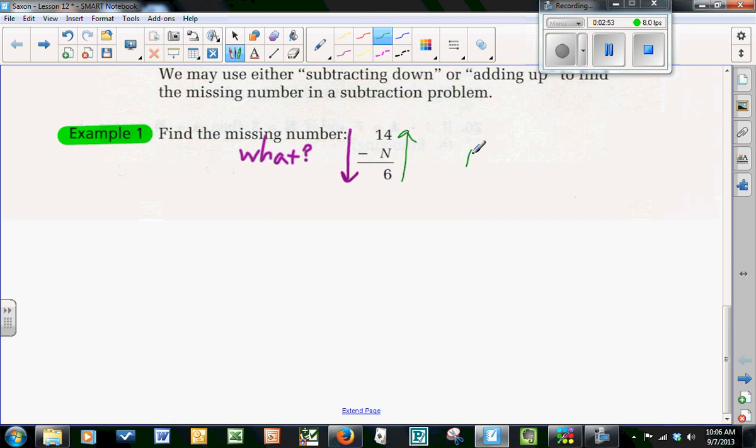So I would write my variable n and my equal sign. N equals 8. And that's how you would solve for that problem.